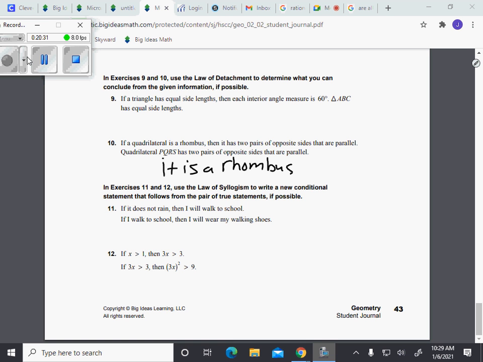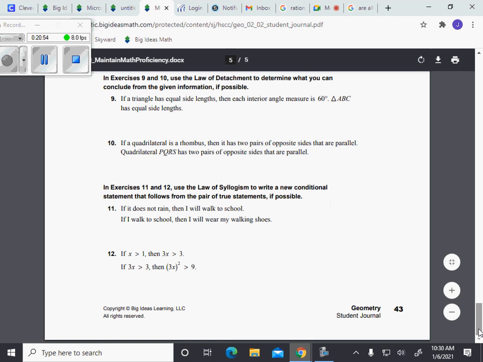Okay, 11 and 12, we're talking about the law of syllogism, and we're writing a new conditional statement. What's a conditional statement? It's if P, then Q, or if, then. That's a conditional statement. Number 11 says, if it does not rain, then I will walk to school.